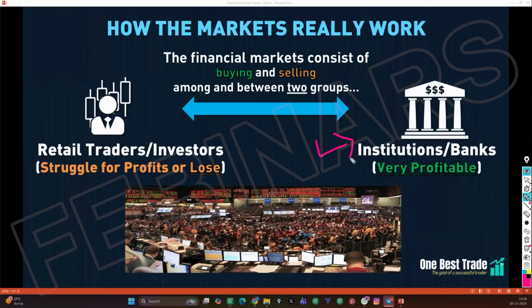Why? They have the biggest resource with them. What is that biggest resource? Who is going to tell me? The institutions always control the market. In the IT industry, what is the biggest resource? Human resource, right? Manpower is the biggest resource in the IT sector. What is the biggest resource in the stock market? Who is going to answer?